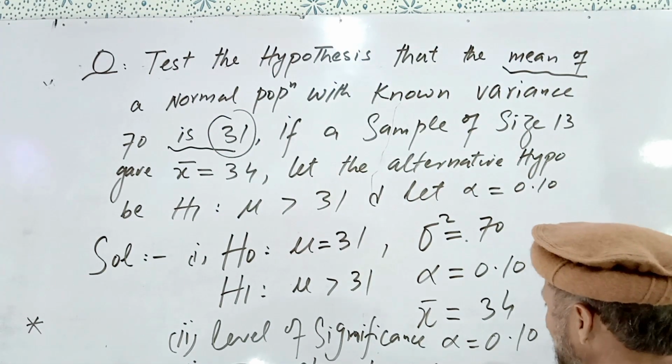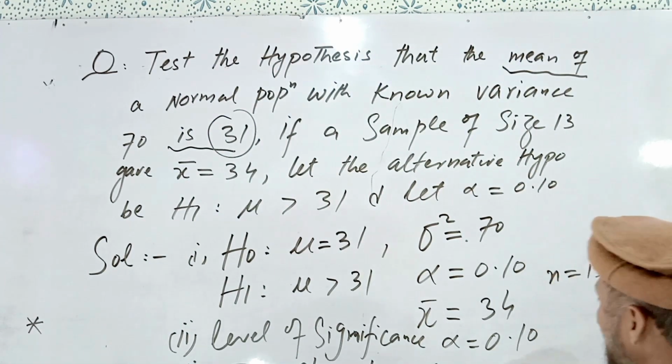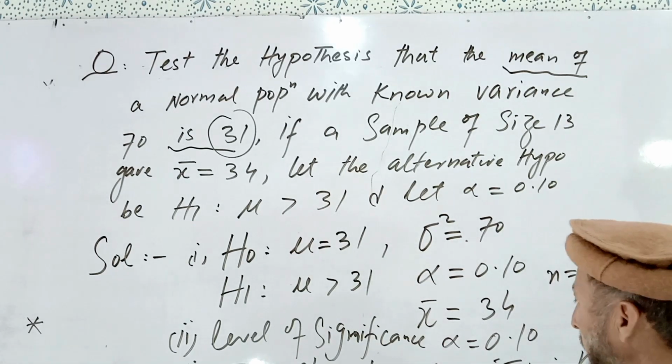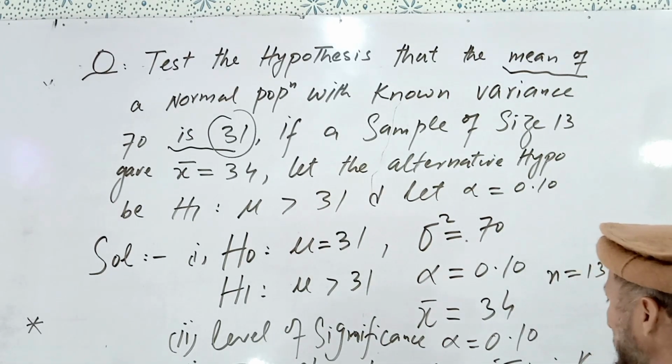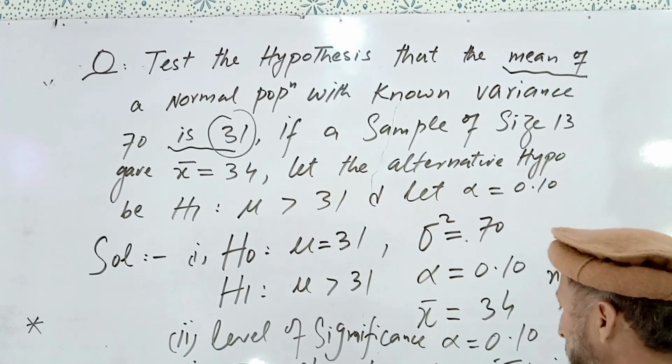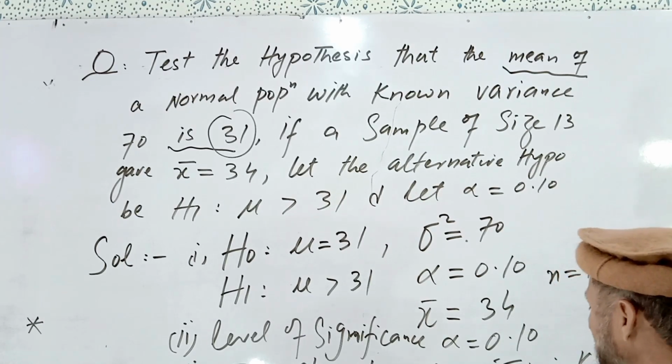Here, since sigma is known and n is less than 30, we use the z test statistic.